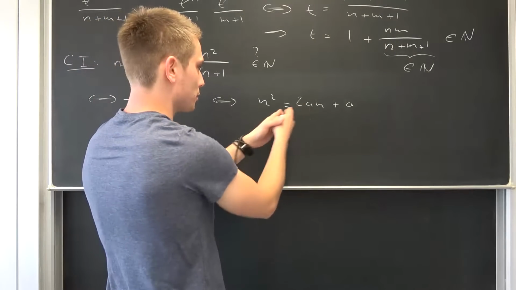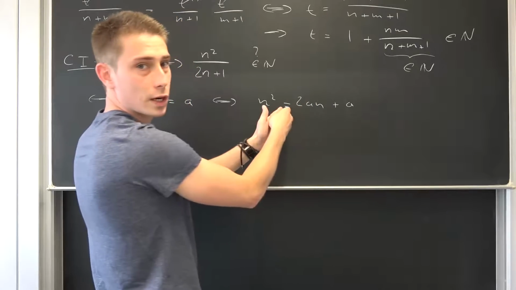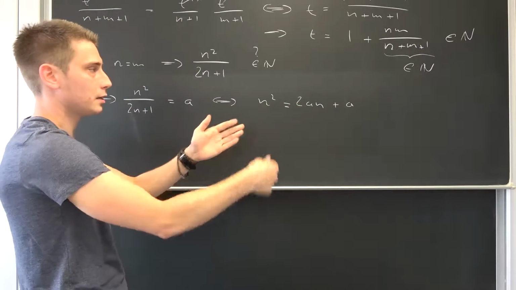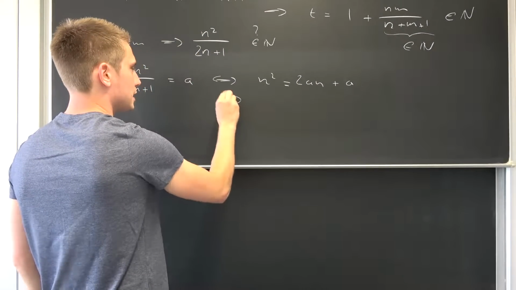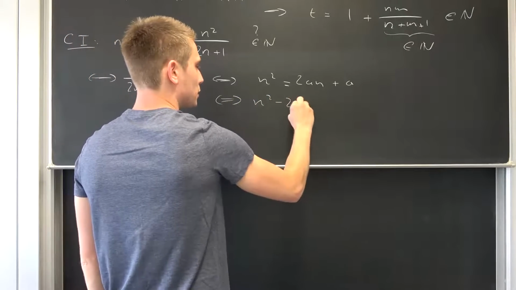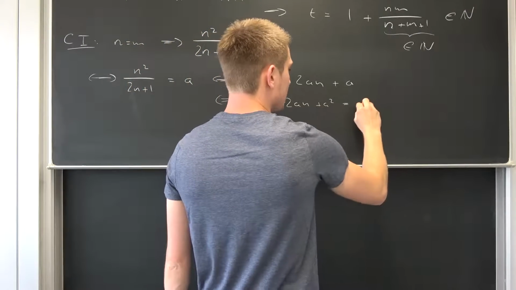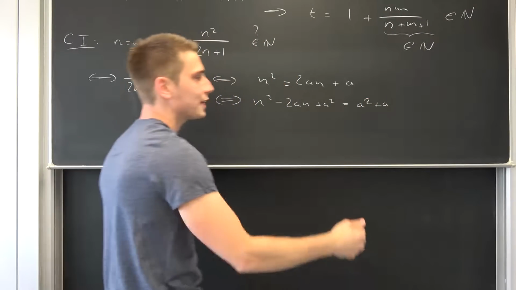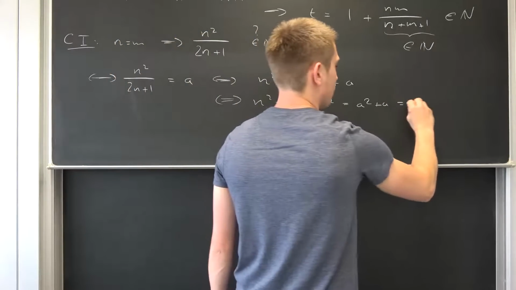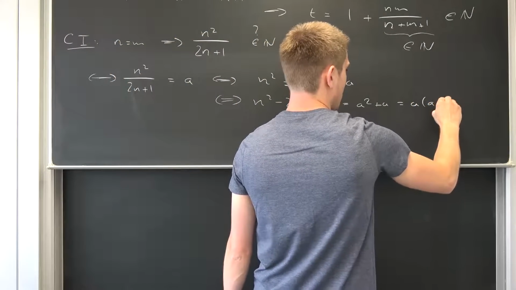So if we bring this to the other side, all that's missing is an a squared on both sides. Okay, I hope you can see this. So that's equivalent to saying we have n squared minus 2 times a times n plus a squared. We are going to add this on both sides, being equal to a squared plus a. Other than that, a squared plus a is nothing but a times a plus 1.